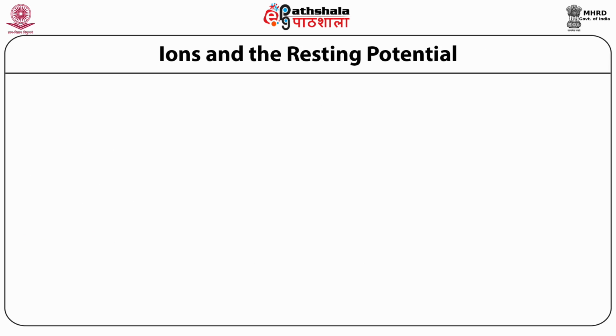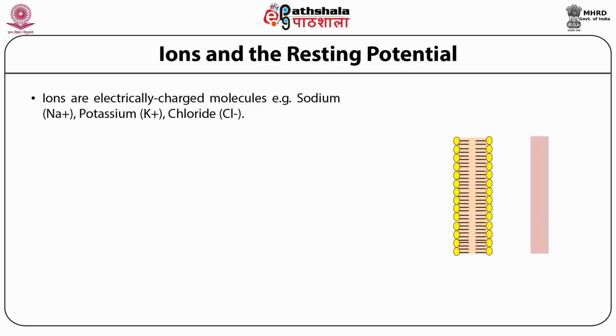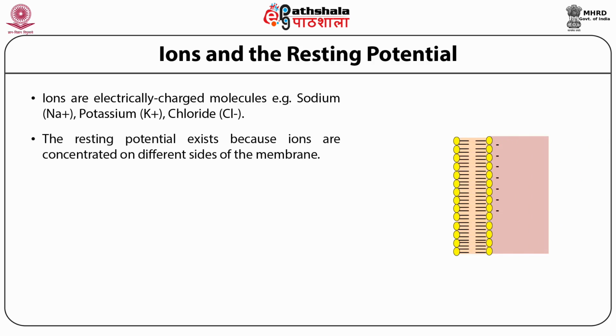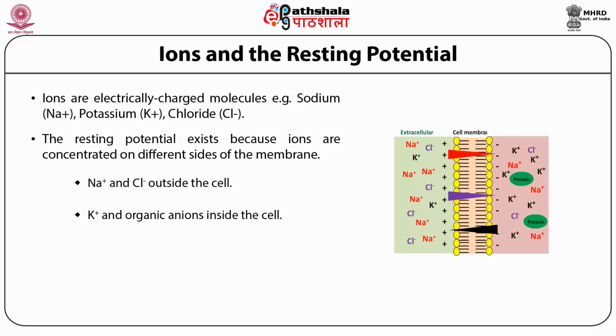Ions and the resting potential. What are ions? Ions are electrically charged molecules, for example, sodium ions, potassium ions, calcium ions, and chloride ions. The resting potential exists because ions are concentrated on different sides of the membrane, intracellular side and extracellular side. Sodium and chloride ions are more outside the cell, potassium and organic anions inside the cell.